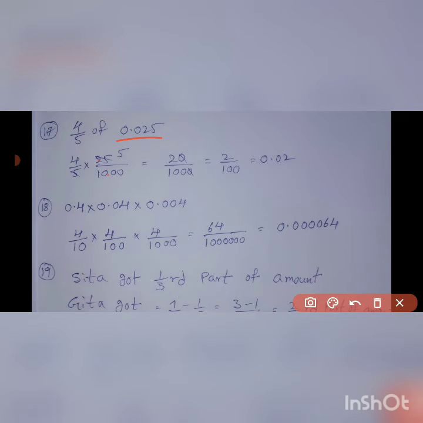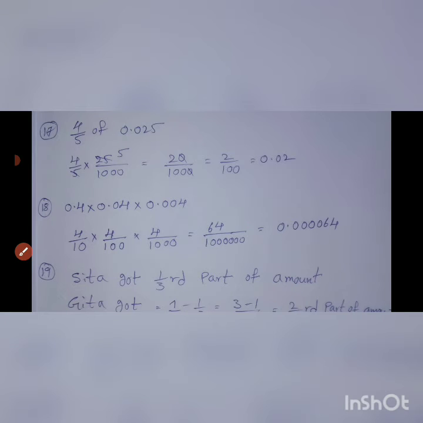That's why 3 zeros followed by 1. Okay. Next, 4 by 5 into 25 by 1000. 5 5s are 25. 5 4s are 20. So 20 by 1000. The zeros get cancelled. So 2 by 100. 2 by 100 value is 0.02.